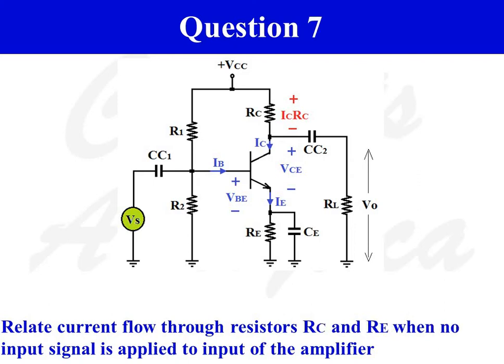Relate current flow through resistors RC and RE when no input signal is applied. Under DC conditions, current flow through RC is equal to IC and current flow through RE is equal to IE.